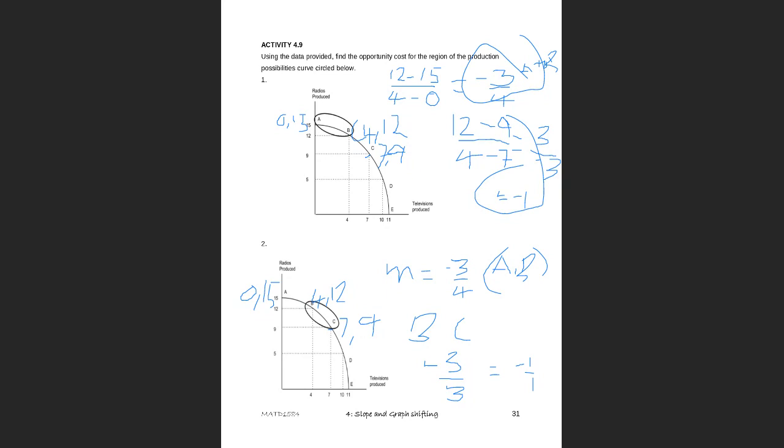Because look here, from A to B, you can produce 4 TVs and give away 3 radios. But from B to C, you can only get 3 TVs if you give away 4 radios. That is the meaning of what I'm trying to say, that the opportunity cost increases along the curve.